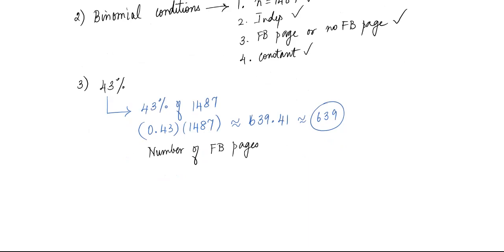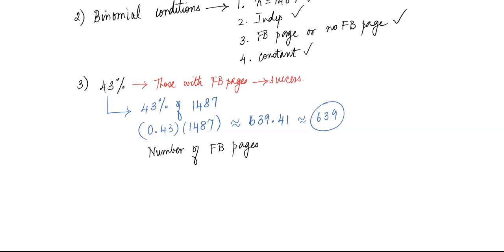Now remember, this is your success. 43% is the percentage of those with FB pages. Having an FB page is the success. Not having an FB page would be failure, right?